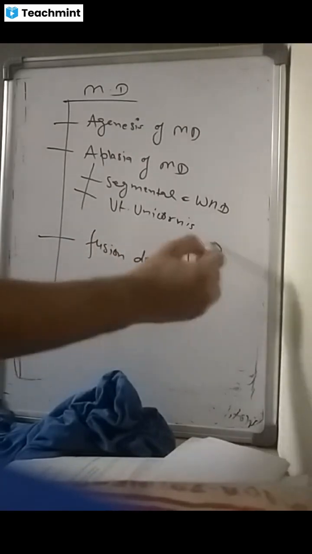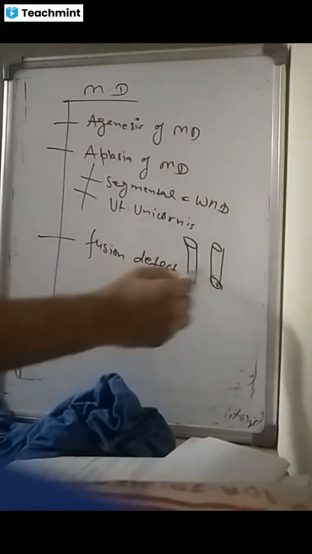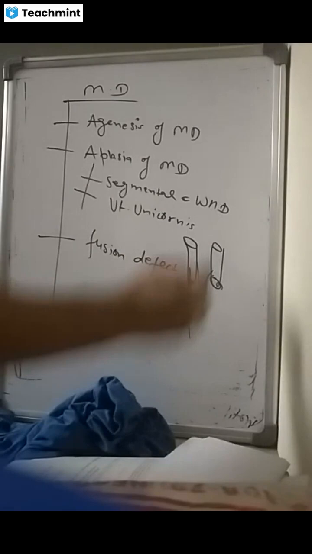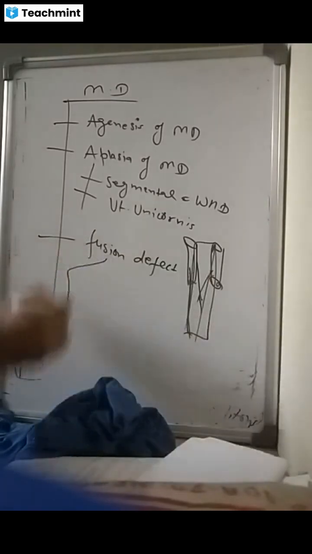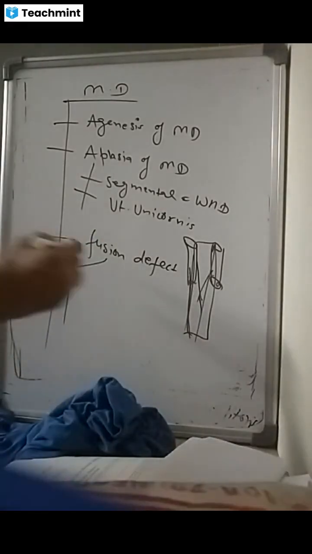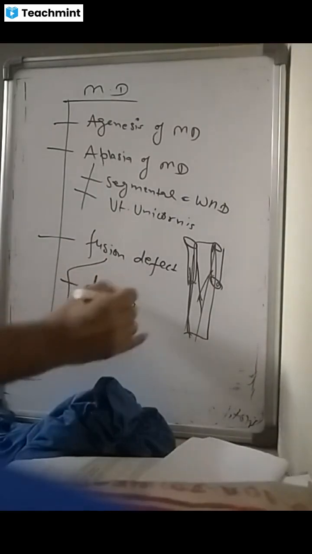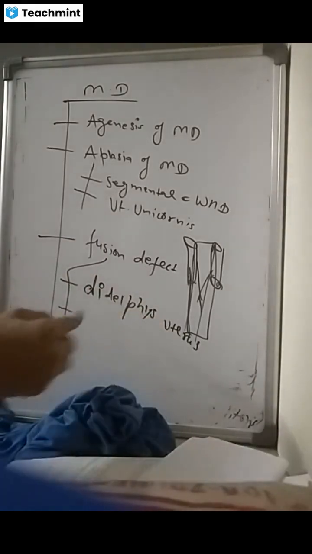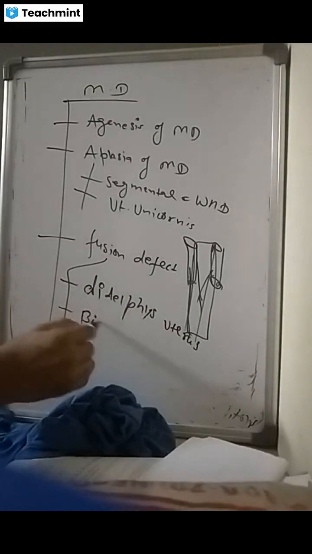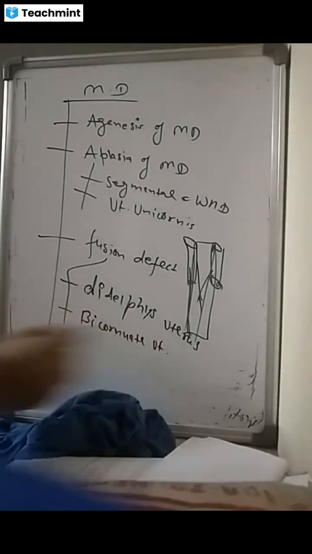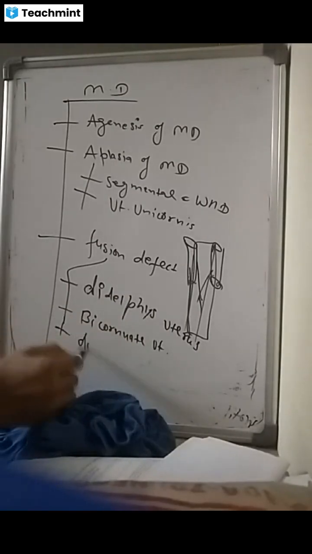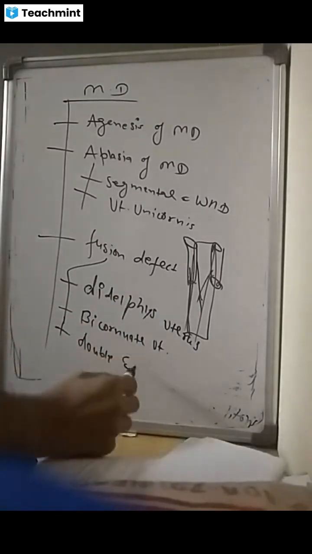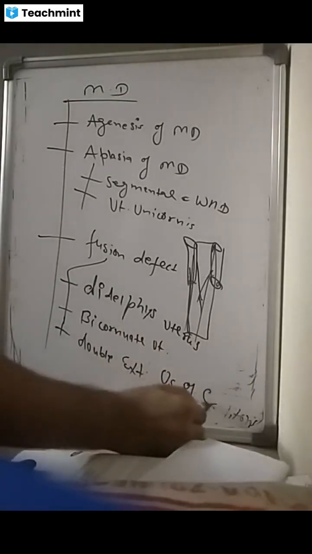Fusion defect is of the two Mullerian ducts. If they fuse partly, or if they fuse throughout the length, that comes as fusion defect, which may be of three types: the first is uterus didelphys, the second is bicornuate uterus, and the third is external os of the cervix.